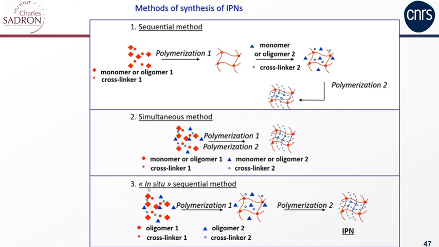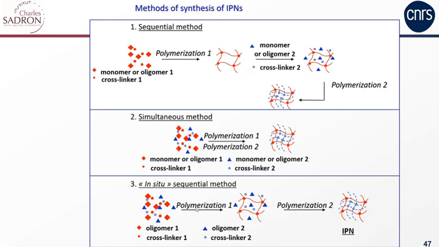And the third method, which is actually probably the most interesting one, as it's a combination of the first and the second method, is the in situ sequential method, in which you mix initially all the components of both networks, and then you carry out sequentially the two polymerizations.